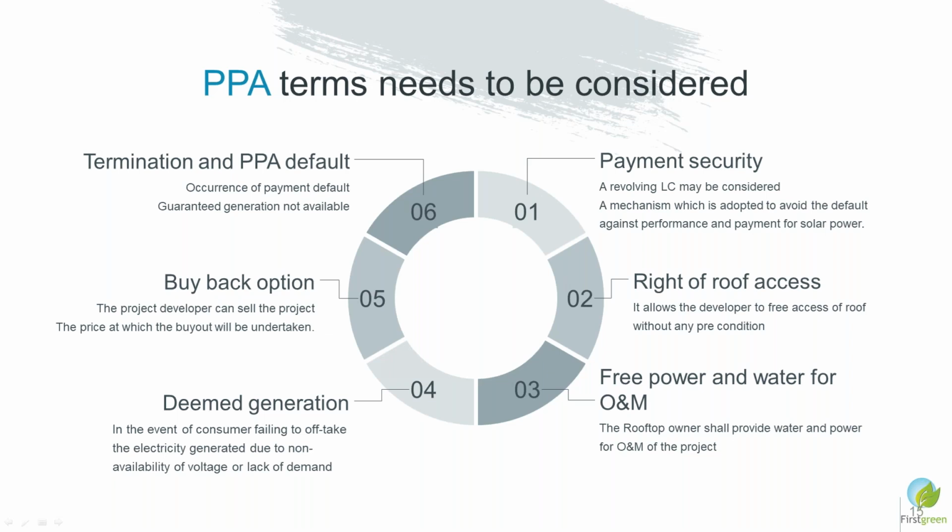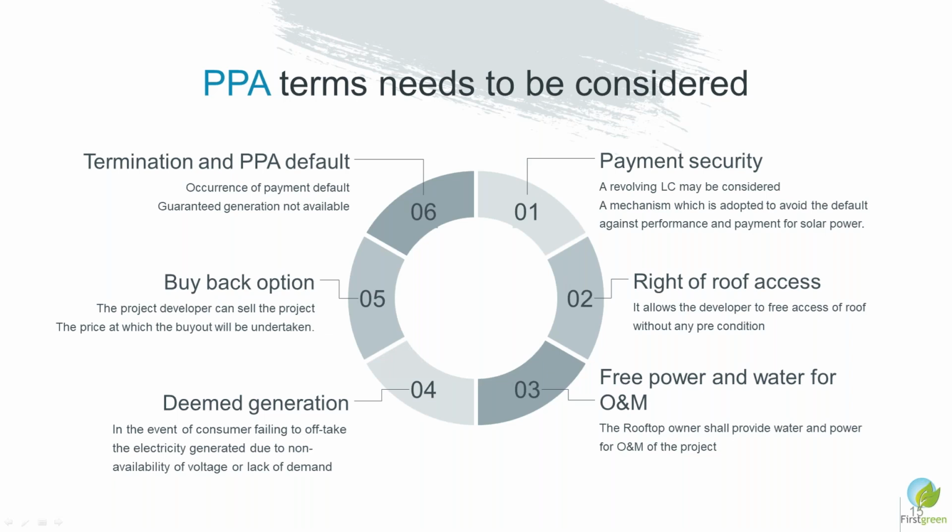But still there is a concern that at times you have submitted your bills and they are not processed. So in order to avoid that, there is a process which has been adopted.